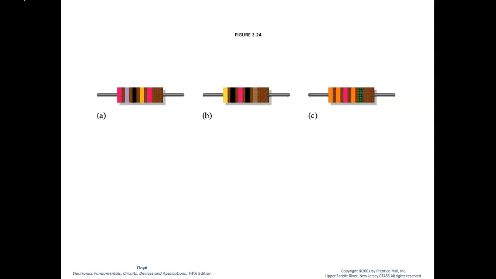Now, putting this in engineering notation should give you 2.7 mega ohms plus or minus 2%. Because red is 2%. If you look on your paper, in the tolerance section, follow red over to it, and you get 2%.